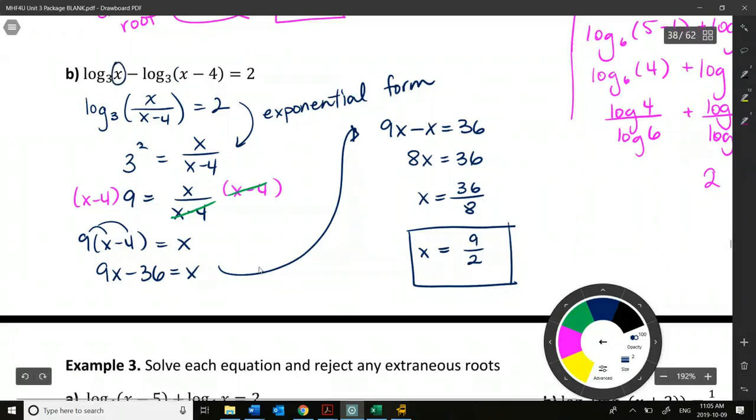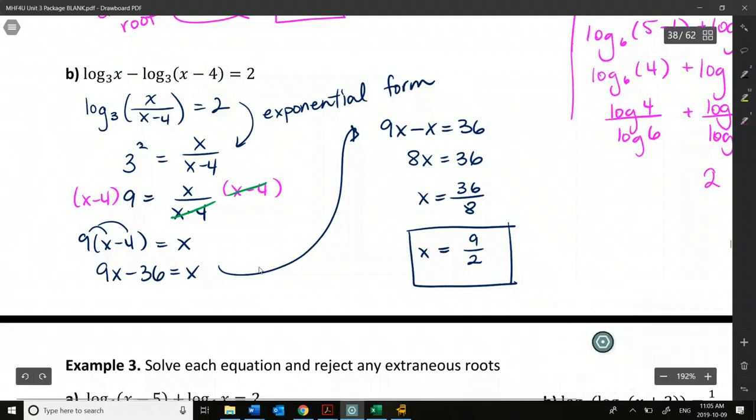How about here? No. So is this a permissible answer? Yes. So you guys can check if you want by subbing in 4.5 in for both of these x's, and then check that this expression is equal to 2. I'll let you guys do that. I've shown you how to do it. Okay, any questions before we move to the next?